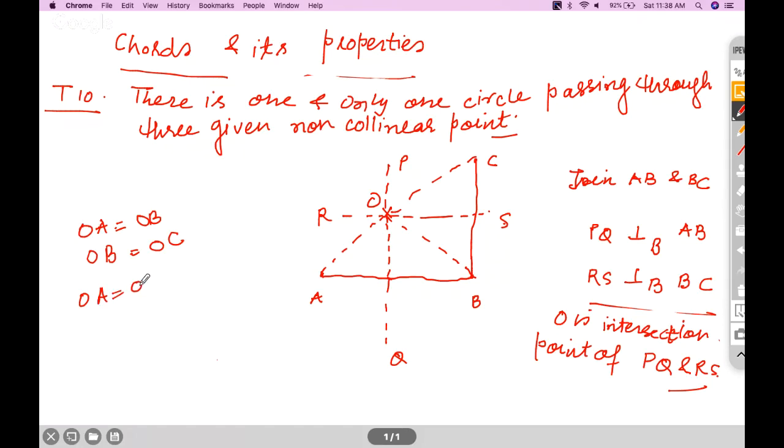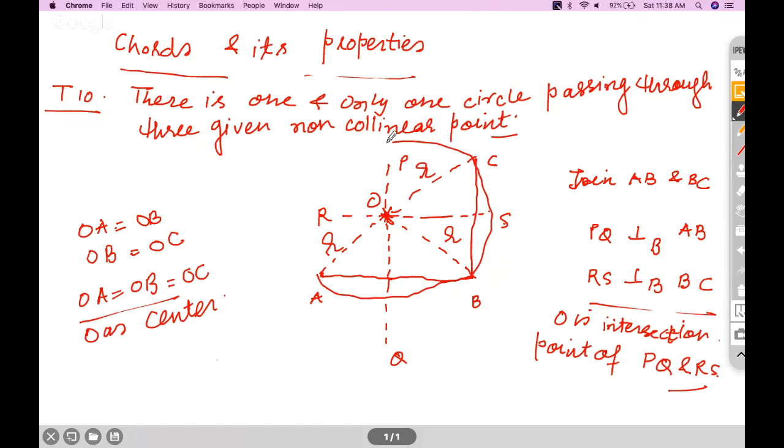So OA is equal to OB is equal to OC. Now let's make this as a radius of the circle, take O as center and draw a circle like this which passes through these 3 points. So with ABC, you will be able to show that there is only one circle.